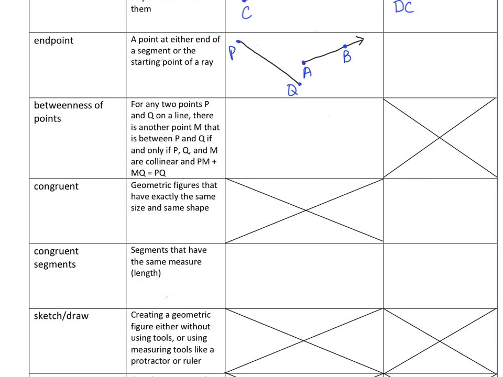So if I wanted to describe those two figures using the word endpoint in my description, I could say points P and Q are endpoints of segment PQ. And then I could say that point A is the endpoint of ray AB.